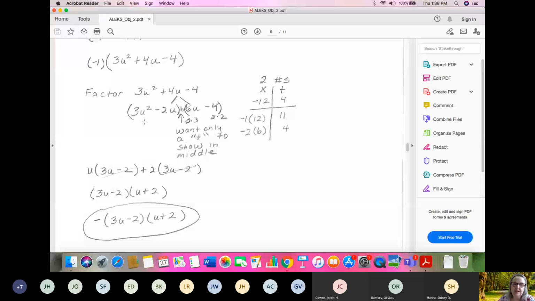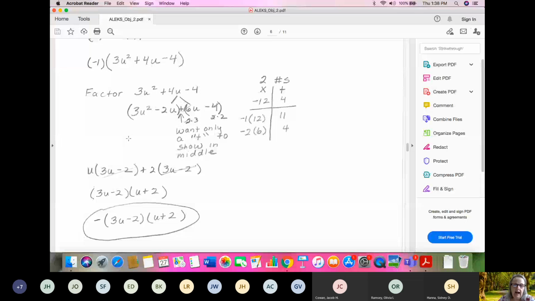There's a U in this term, there's actually 2 of them, and a U in this term. So I can factor that U out front. If I factor it out front, what do we have left? We have a 3U left because one of the U's went way out front, and then we have minus 2 because this U went way out front.